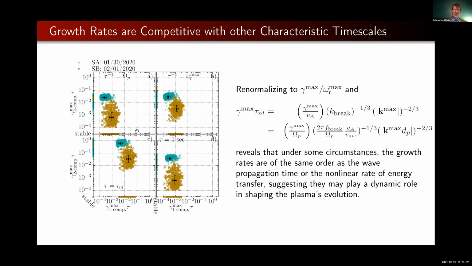What we see is that if you renormalize the growth rate to an estimate for how quickly energy is non-linearly being transferred via some sort of turbulent cascade, for one of the intervals, when modeled as a two-component model, the transfer of energy is happening almost at the same rate as the instabilities are growing, indicating that these are not necessarily a subdominant process, but may play an important role in the actual dynamic evolution of the system.